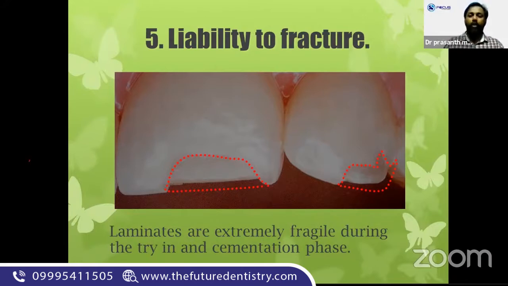So they are very much liable to fracture. They are very thin, brittle material. Before bonding, I am saying. After bonding, it is unlikely to fracture if you have done it properly. And if the case selection is proper, they'll stay perfectly there for life.